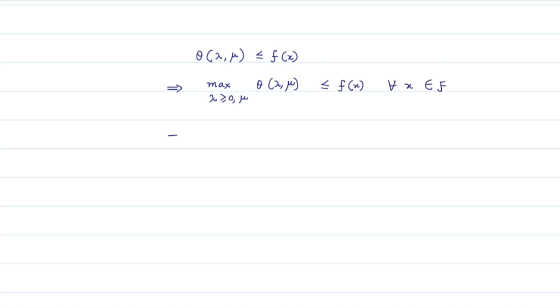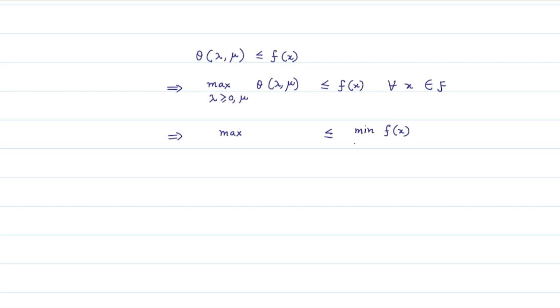And as this maximum of theta(lambda, mu) is a constant value, f(x) is greater than or equal to this constant for every feasible point x. So the minimum value of this function f(x) over this feasible set is certainly bigger than or equal to this constant value, the maximum of theta(lambda, mu).